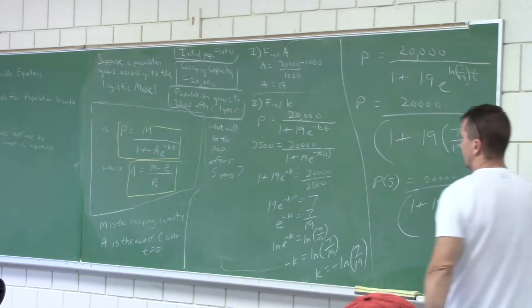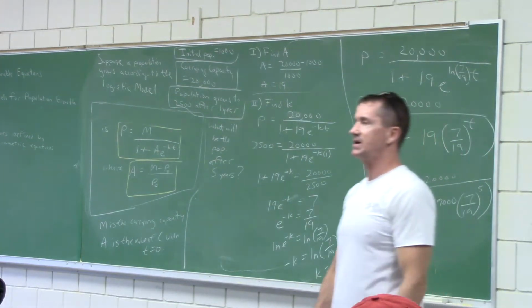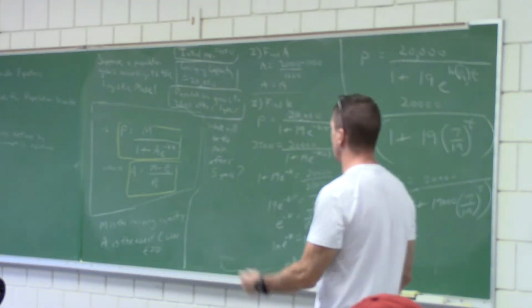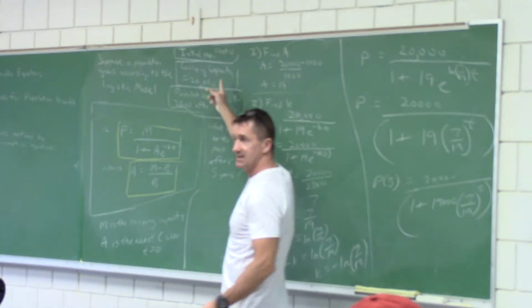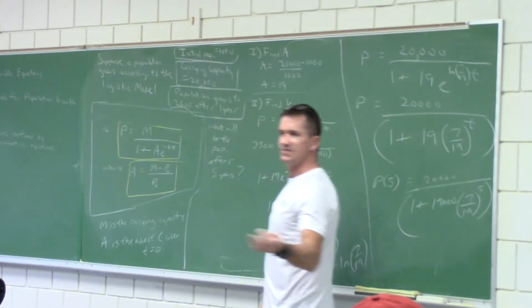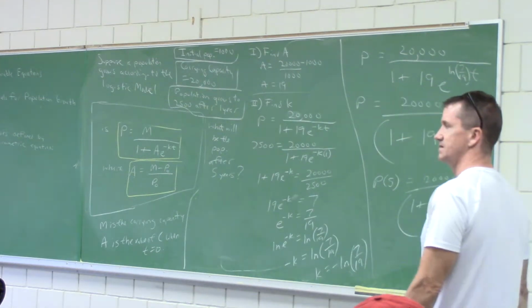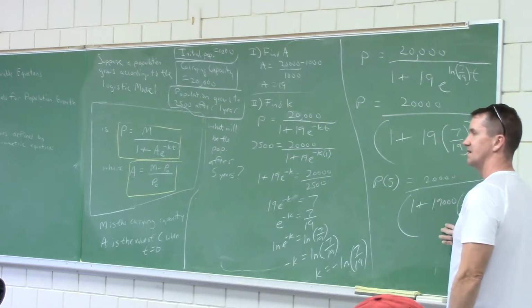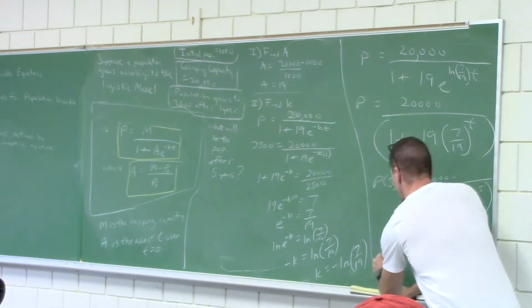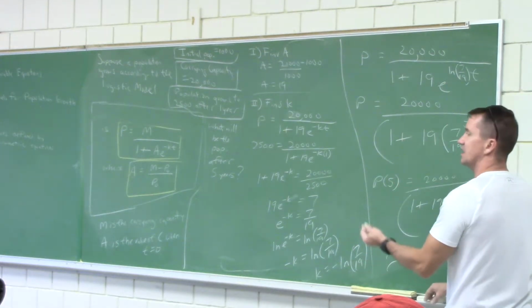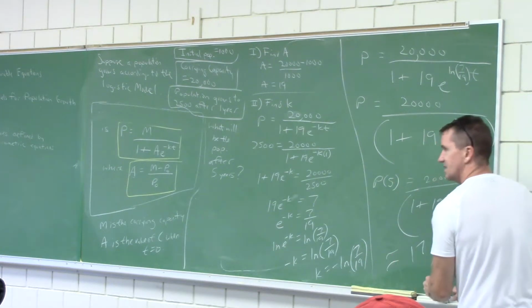I made this up, so you're going to have to tell me what you get. I know the population is going to be under the carrying capacity, right? But is it 15,000? I don't know. What do y'all get? Did it hit 16,000? Did it hit 17,000? All right, let's go to the closest integer. 17,000.